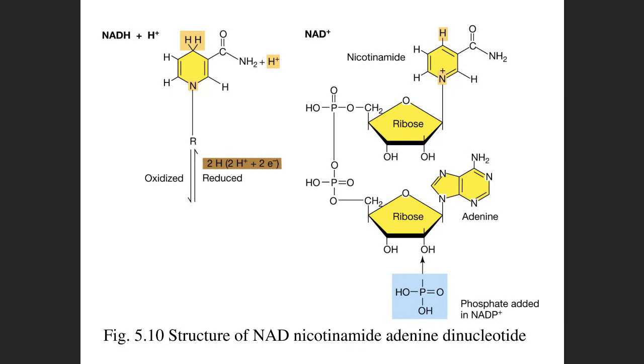Here you have NAD on this side, then NADH on this side. Notice that you have two protons carried on, and so in this direction from here to here is oxidation, and in this direction is reduction. And so this becomes very important. This is called an electron carrier.